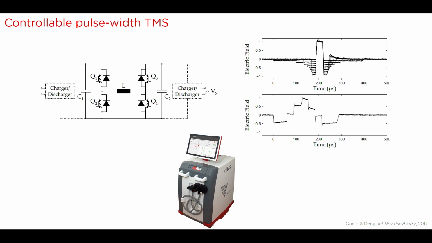And you can control the timing of the switching, which means that you can control the width of these pulses. And also the polarity of the pulses can be somewhat controlled if you have different banks of capacitors in the stimulator. So this is a commercial product now sold by Rogue Resolutions or Brainbox.